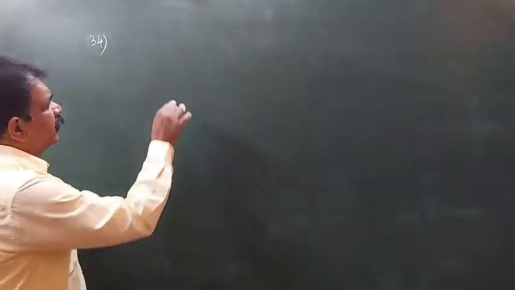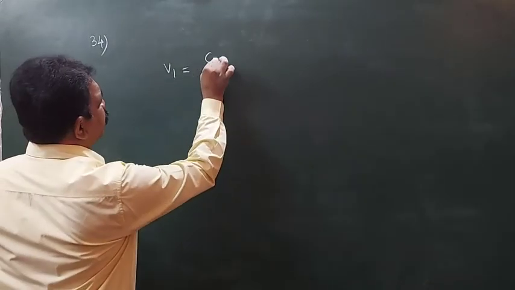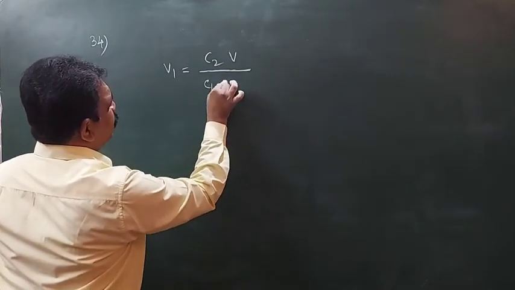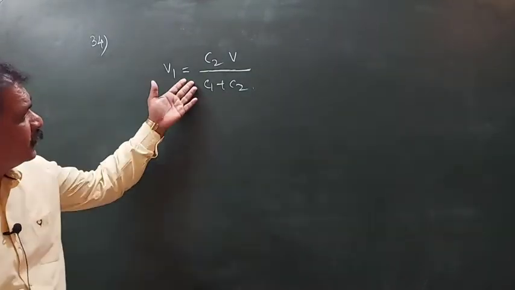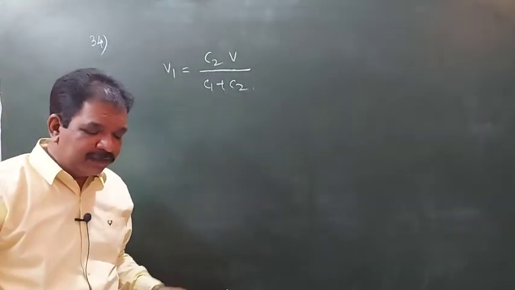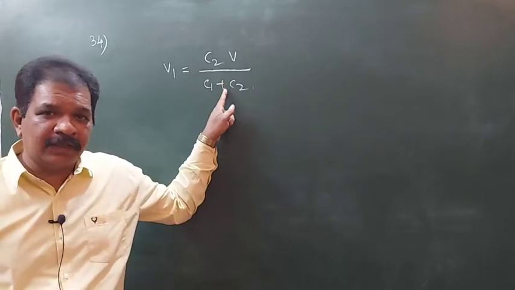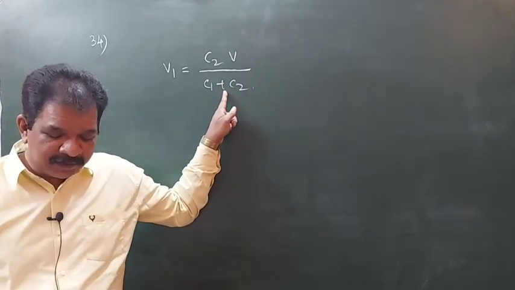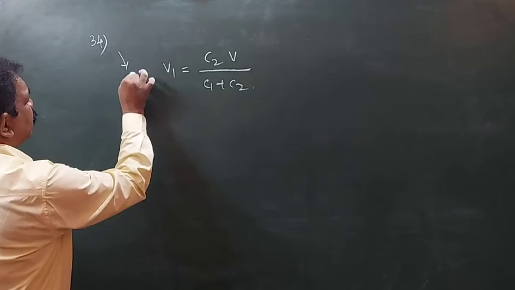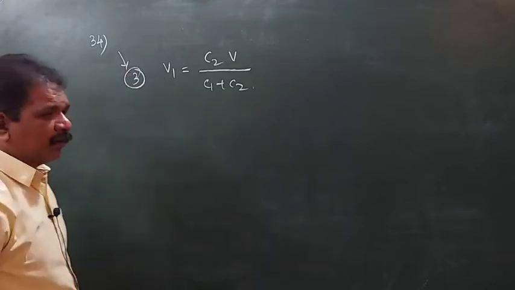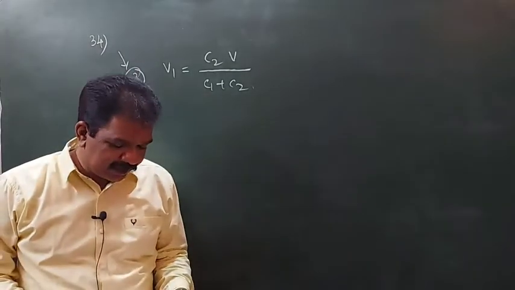PD across C1 is equal to C2V by C1 plus C2. This is the formula. How this formula came, we discussed in the synopsis, just go through it. 34 will be the third option.